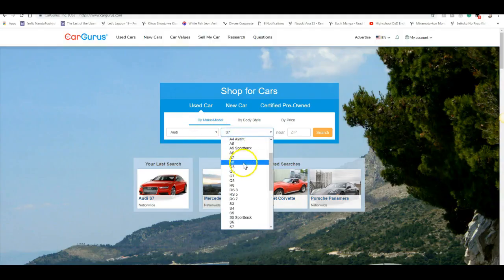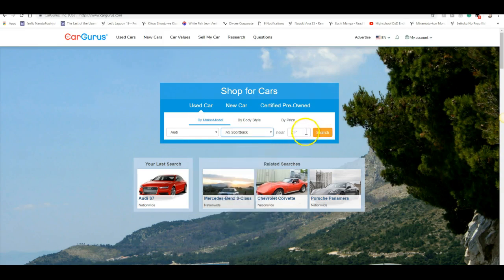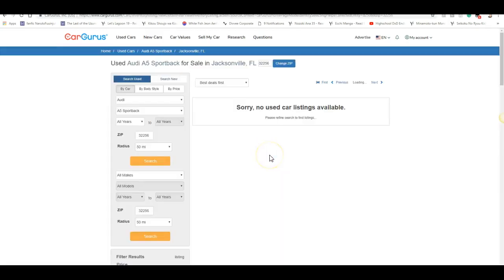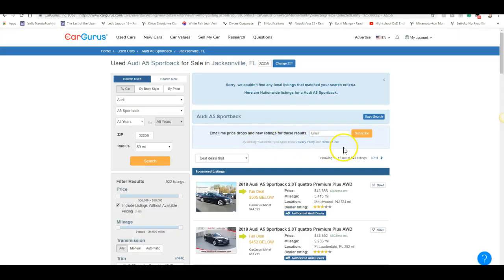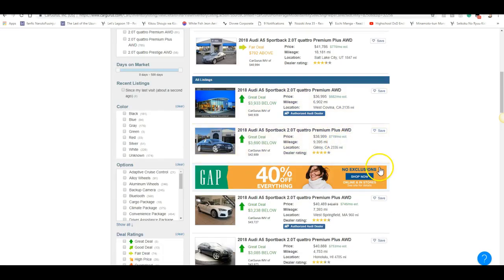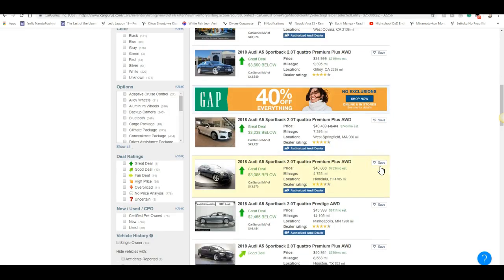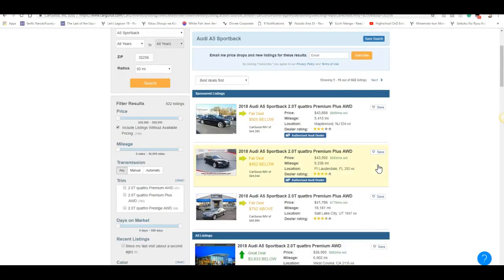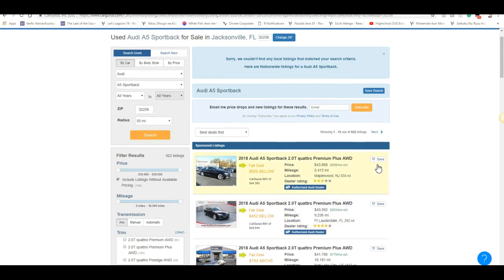Let's look for the A5 Sportback. Let's see what we got. Let's see what year.